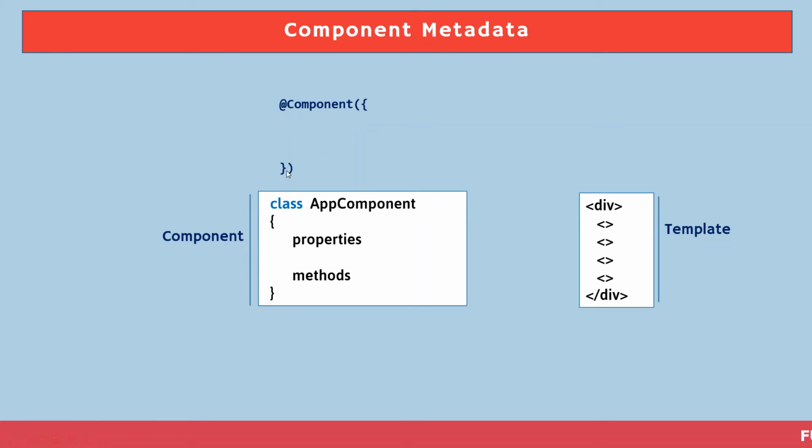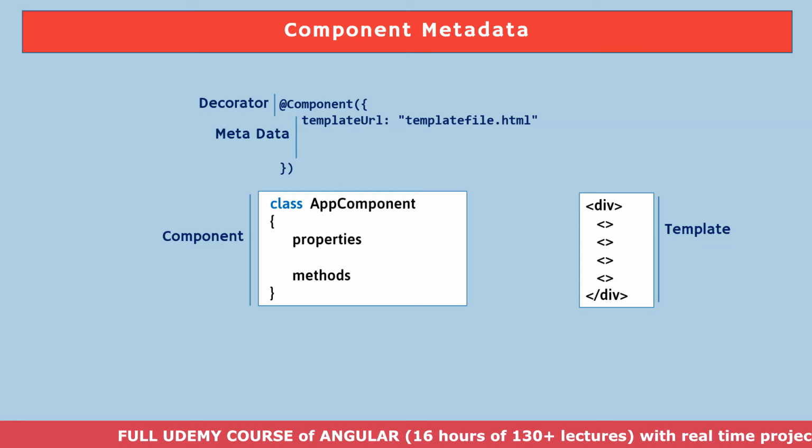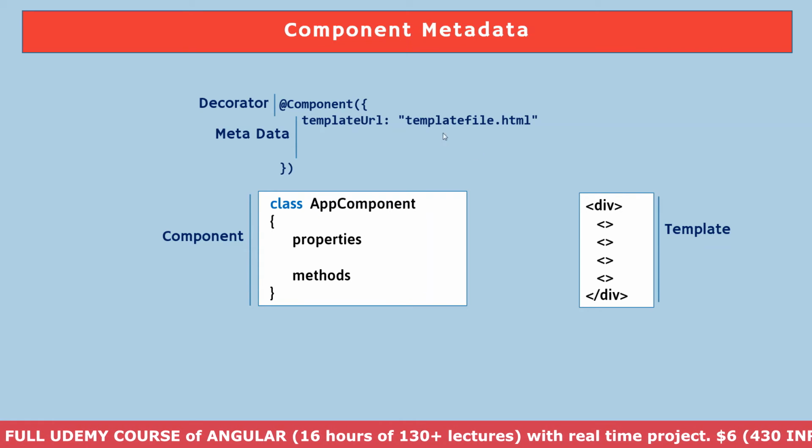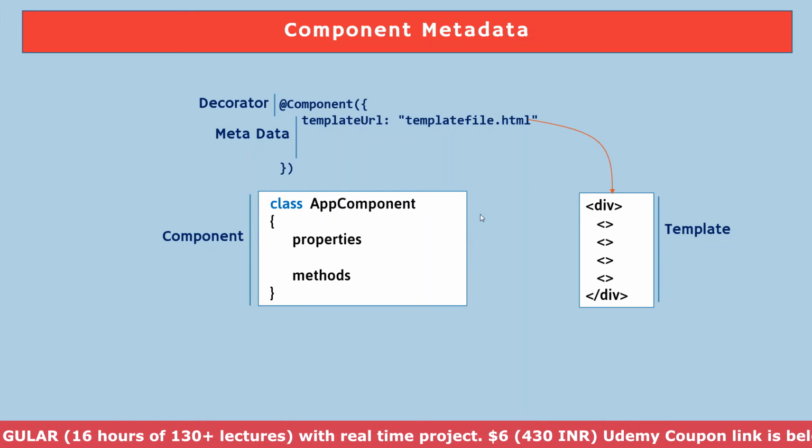Inside the braces, you require to add some additional details about the component, and that additional details are called metadata. The metadata mainly contains template URL and selector. The template URL is the name of the template file to which the component is now associated.